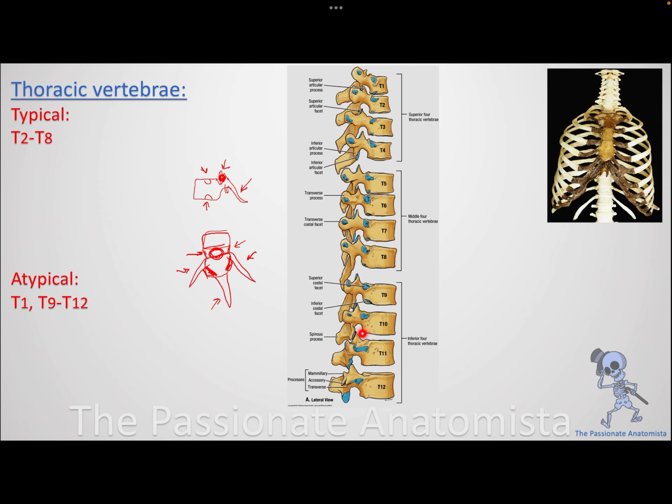So that's why it doesn't have inferior demifacet, because rib number 11 does not want to articulate with T10 vertebra, but it has transverse costal facet because rib number 10 is not a floating rib, and T9 is sometimes considered to be atypical. And we know now why T1 is like them, and we know what is the general features of the T2 to T8 thoracic vertebrae. It's the magical number 28.